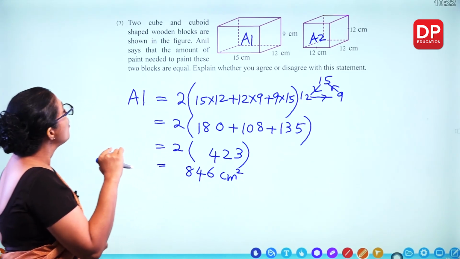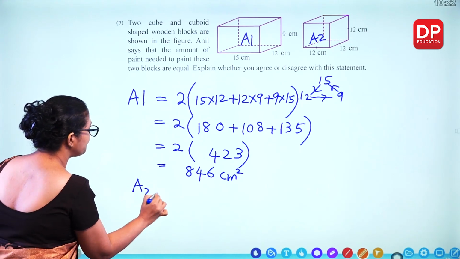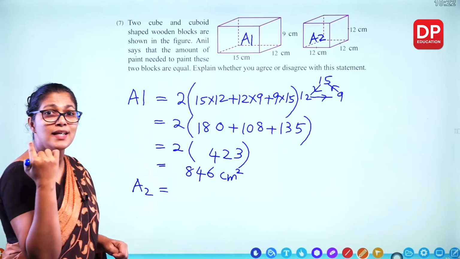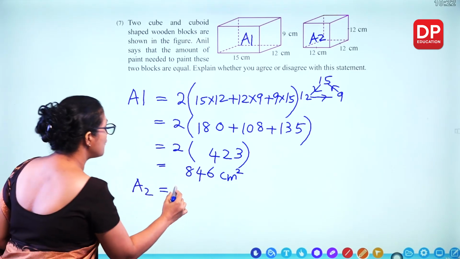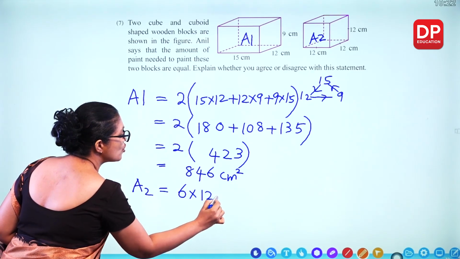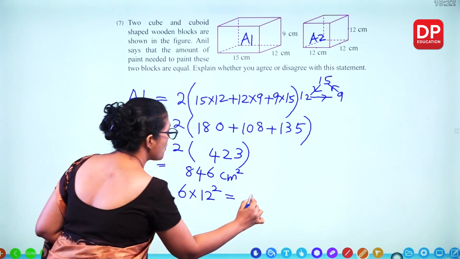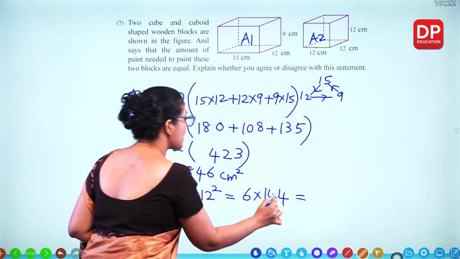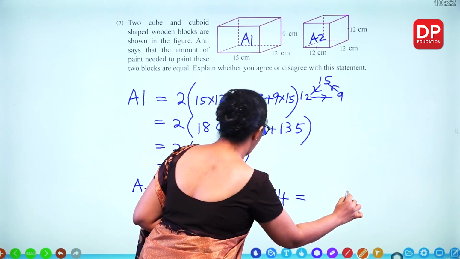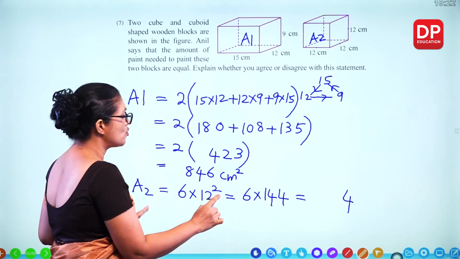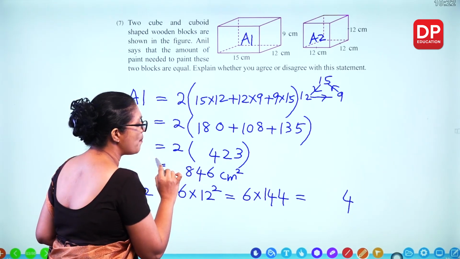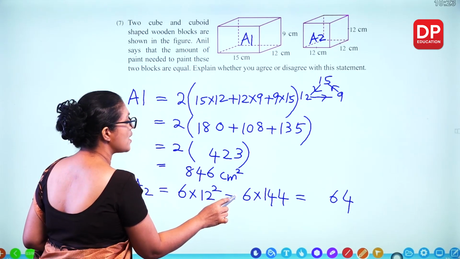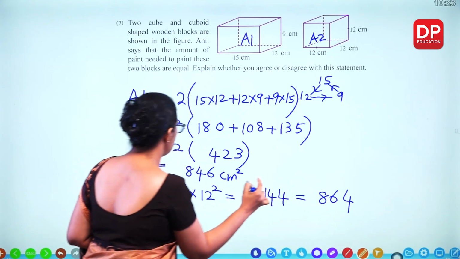Now, second area, A2. 12, 12, 12. That's a cube. So, what's the area of the cube? 6 into 12 squared. 12 squared is 144 into 6. So, what's the value? 6 times 4, 24. 2 remaining. 6 times 4, 24 plus 2, 26. 2 remaining. 6 times 1, 6 plus 2, 8.